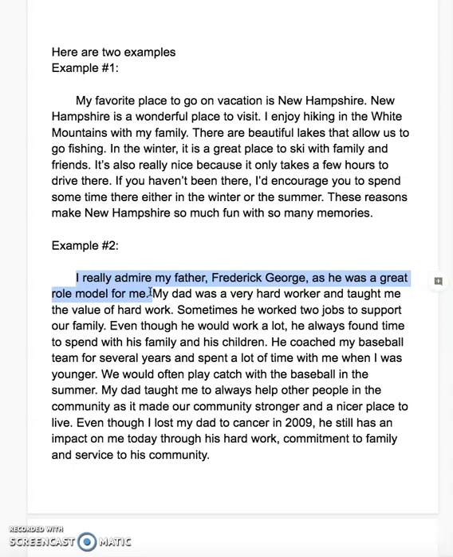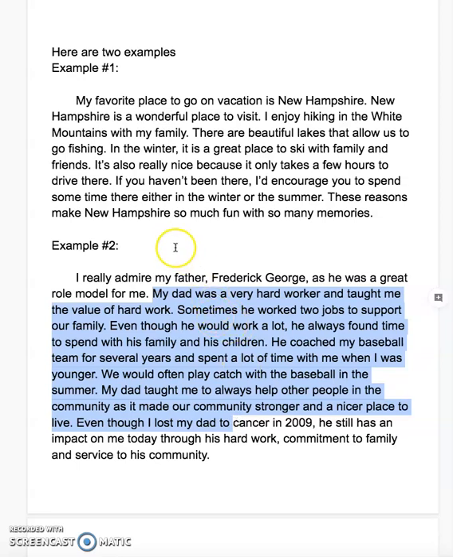So hopefully this video was helpful to show you the structure of a paragraph with a topic sentence, which is the first sentence in a paragraph, and then we have other supporting sentences that provide details and evidence. The last part of a paragraph that I'm going to mention is the last sentence in a paragraph.